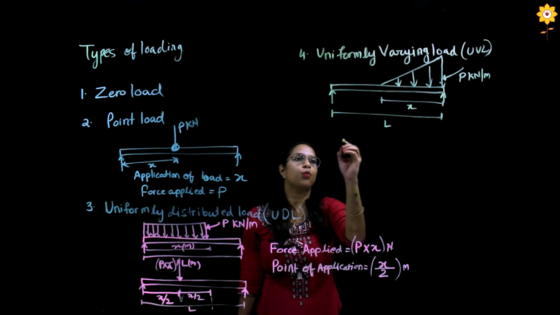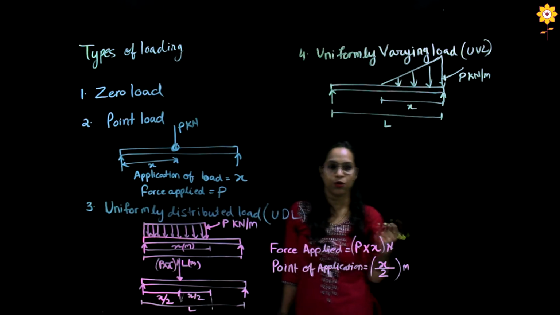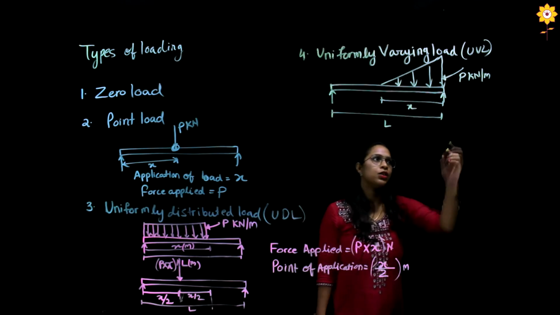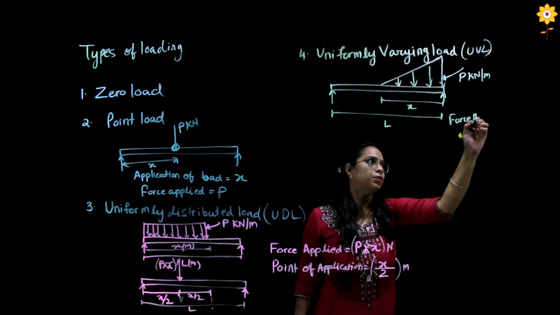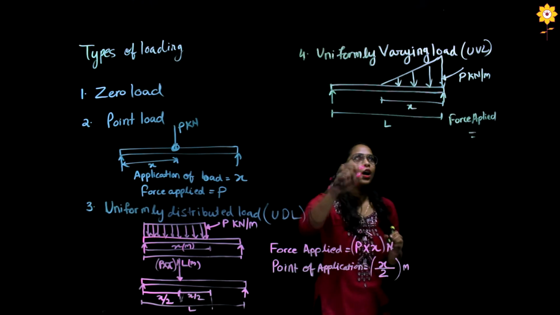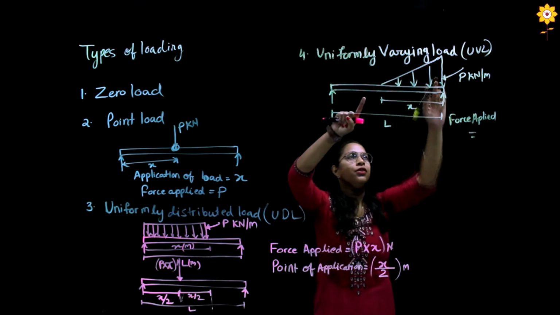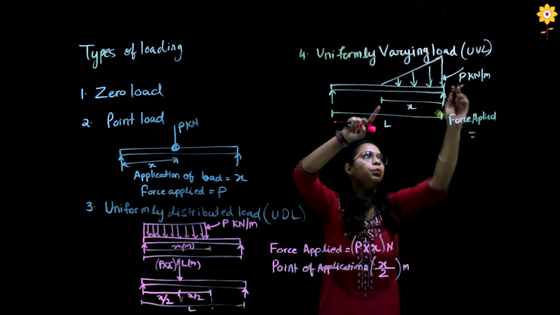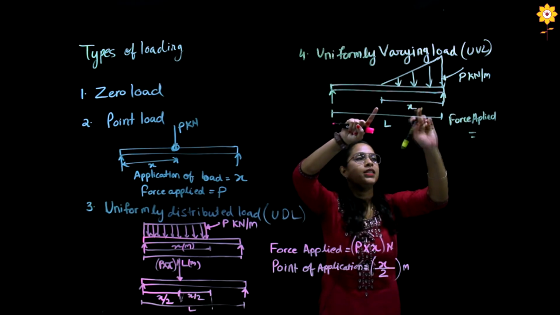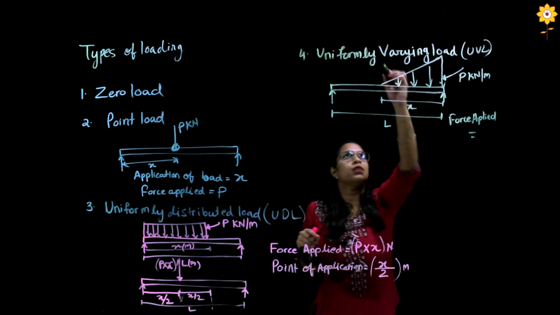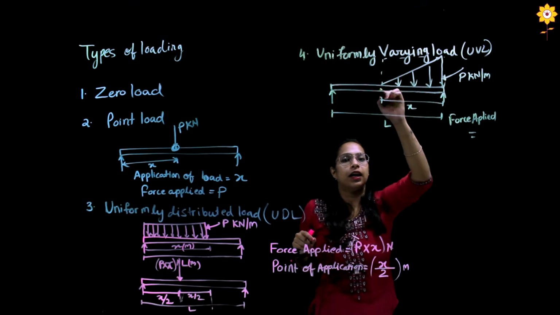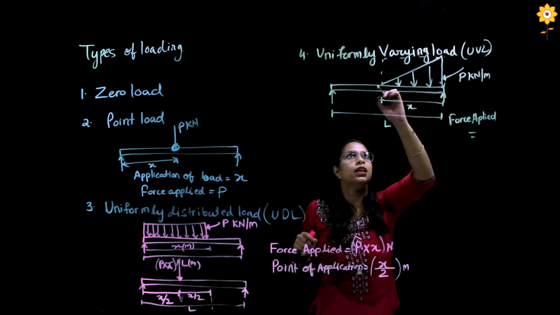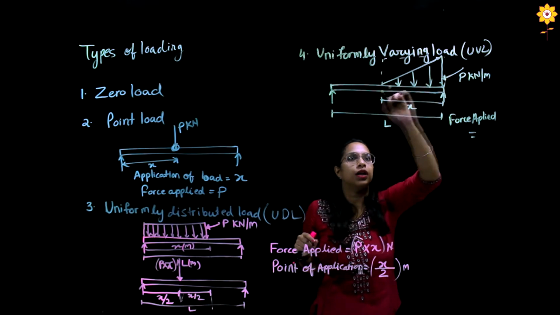Before solving this also, we need to convert this into a point load condition. To convert this into a point load, we'll first find the force applied and the point of application. So the force applied would be how much? As this is a triangle, it would be P into x divided by 2. If we complete this, we will get a rectangle, and this is exactly the diagonal joint of a rectangle.